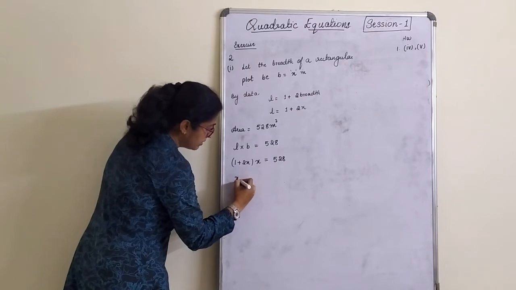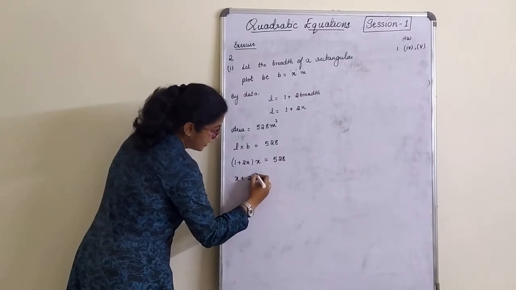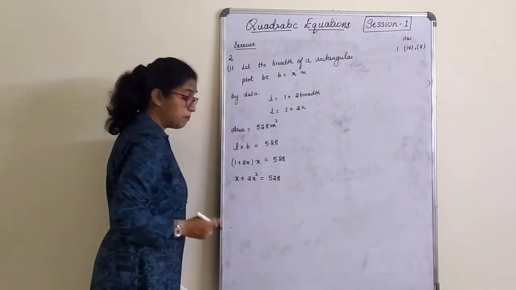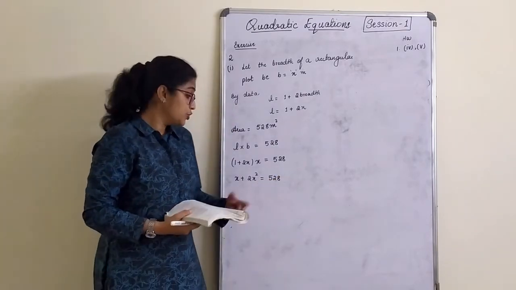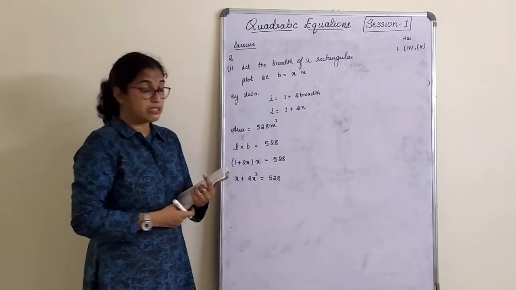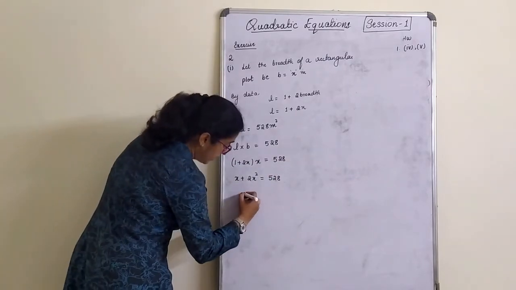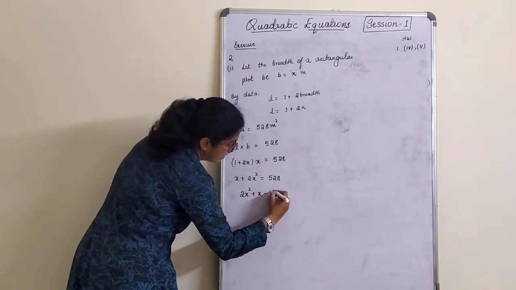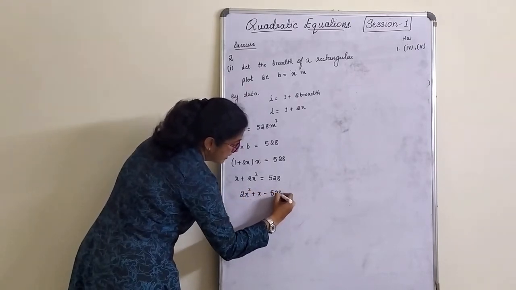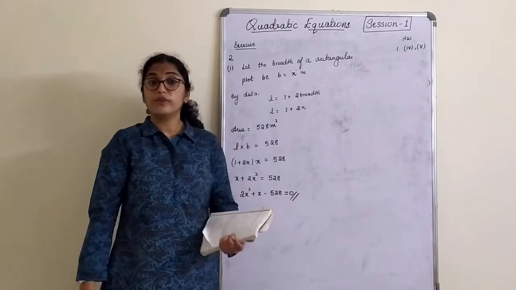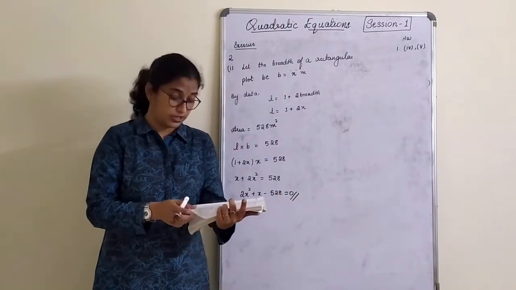So x plus 2x square is equal to 528. Yes, but children, after you write this, you need to arrange this in the form of ax square plus bx plus c is equal to 0. So first will come ax square, that is 2x square plus x minus 528 is equal to 0. That's all. We need to only frame the equation here.